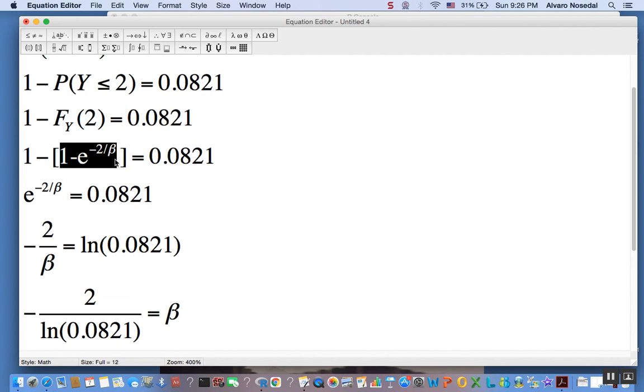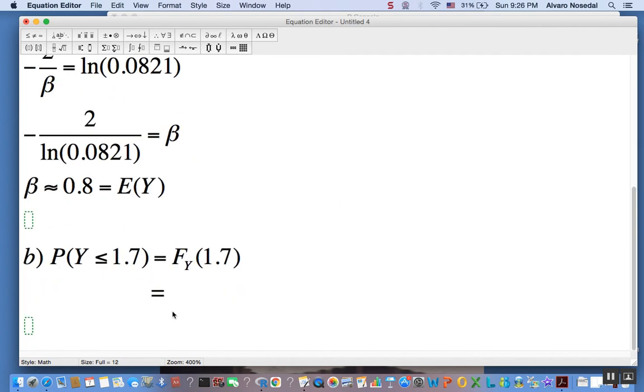In this case, we're not going to be evaluating at 2. We are evaluating at 1.7. So it's that guy at 1.7. And we had from part A that beta is 0.8. So we just have to do the math and we'll have that probability. Okay, here we go.